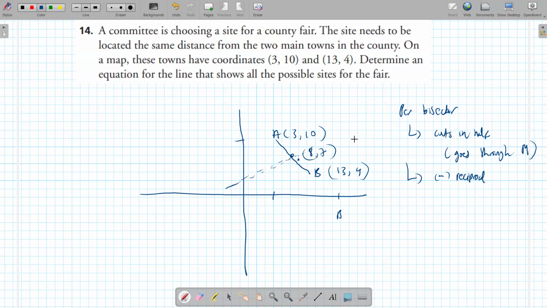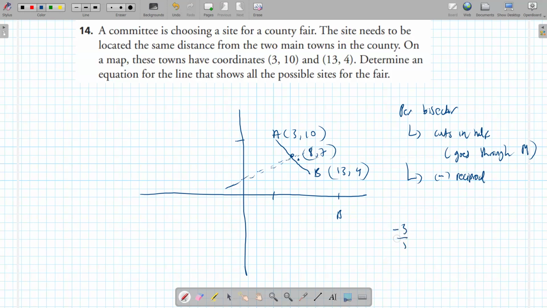You find the slope of the other line. So what's the slope of AB? It's negative 6 over 10.